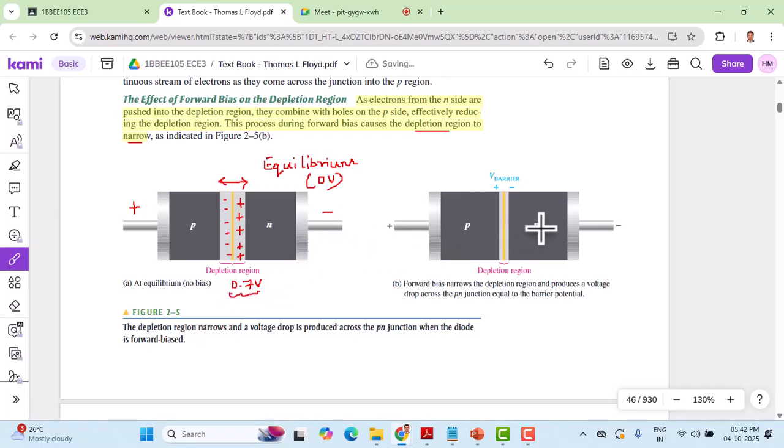When too many electrons move from the n side to the p side, they remove the excess holes here and reduce the barrier potential. The same thing happens here. Holes keep being attracted towards this, and therefore they fill the electrons present here. So that reduces the barrier potential existing in the depletion region. Therefore, when we apply forward bias, the depletion region reduces.